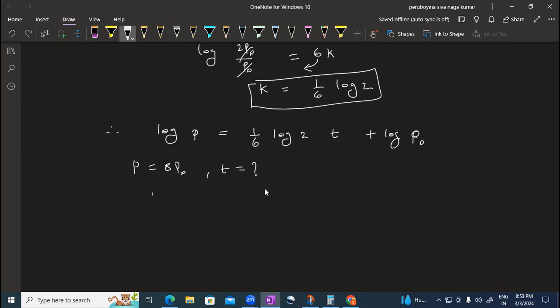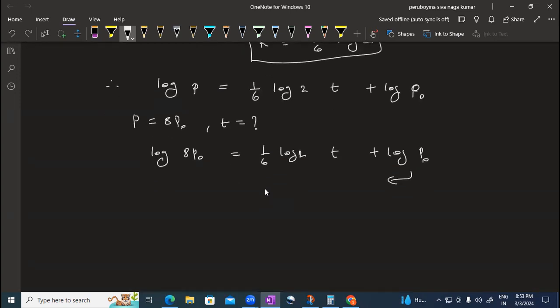Okay. So substitute these values. Log 8 into P naught is equal to 1 by 6 into log 2 into T plus log P naught. Move this log P naught to the left side. So log 8 P naught minus log P naught is equal to 1 by 6 log 2 into T.